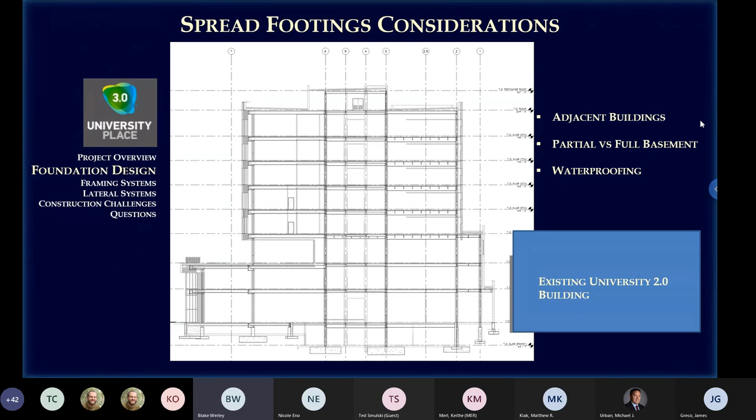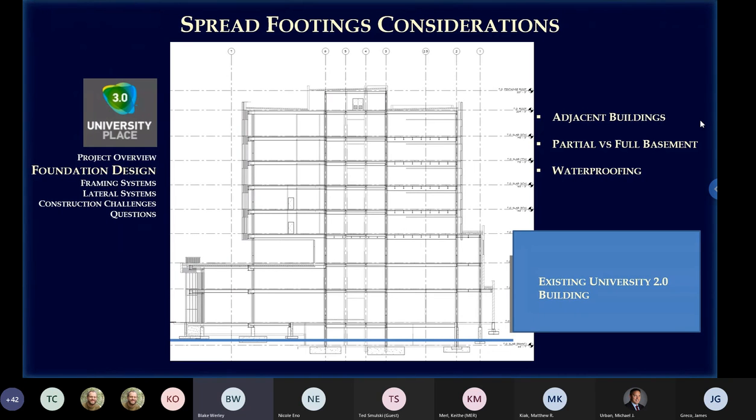So at this time, the spread footing option was looking pretty good until the waterproofing piece of the construction was considered, and the geotech test borings revealed that the water would be above the basement floor slab level. We understood that this water could fluctuate seasonally, and the waterproofing design elevation would need to be higher than that.